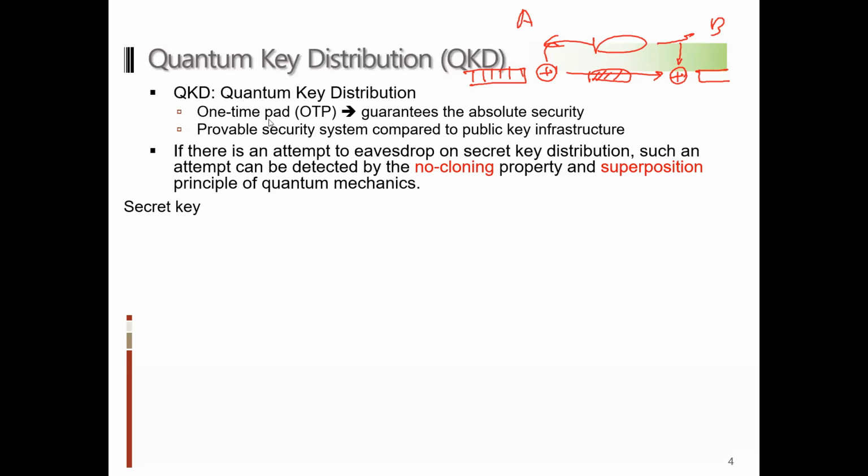One of the reasons it is called a one-time pad is that even if the secret key is very complex, if you keep using the same secret key over and over, there is always some chance that an eavesdropper can figure out the pattern embedded in the secret key.